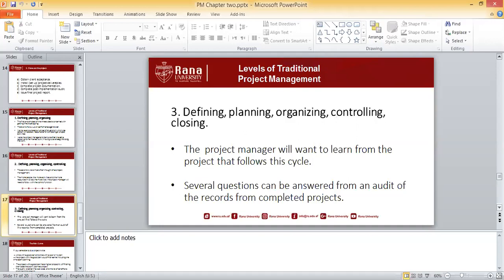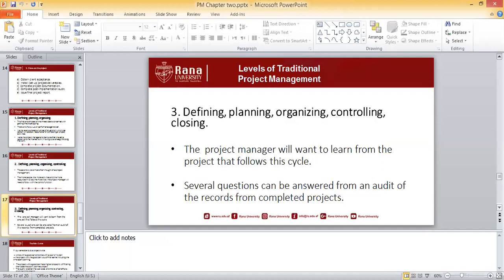Only one function is increased, that is closing. The project manager wants to learn from the project, and the information received from these projects is archived and stored, and similar information will be used in upcoming projects in the future.